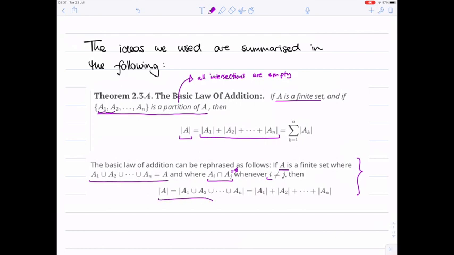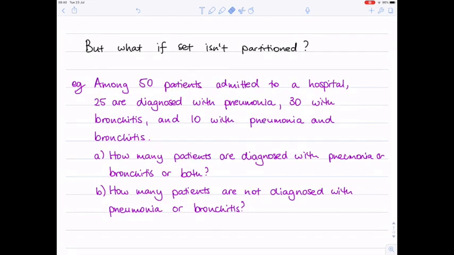Then we can have this basic law of addition. So that rule works very nicely if we are given information about a set that is partitioned. But what happens if the set isn't partitioned? And in particular, we want to think about what happens if we have a set that has subsets that we have information about, but the intersection of the subsets is non-empty.